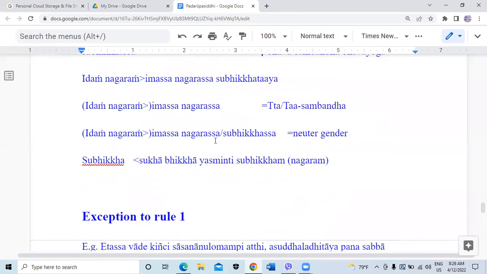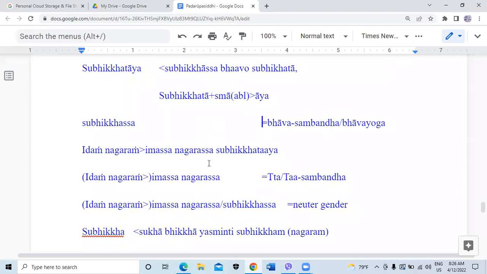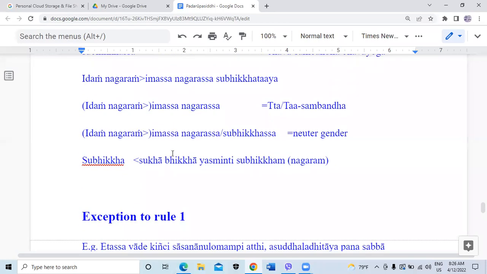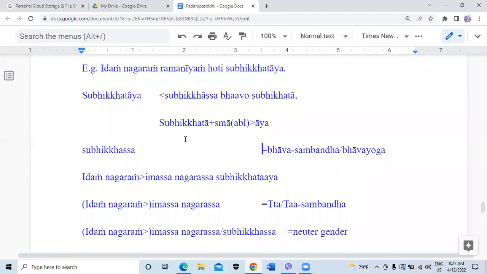So Ida Nagara, Imasa Nagarasa, and Subhikasa. If we check these words, and the Subhikasa vowel, Subhikata, they must have the same gender, number, and reference, especially gender and number.